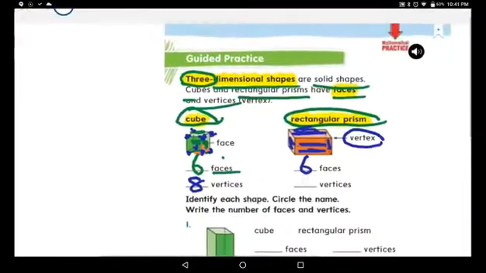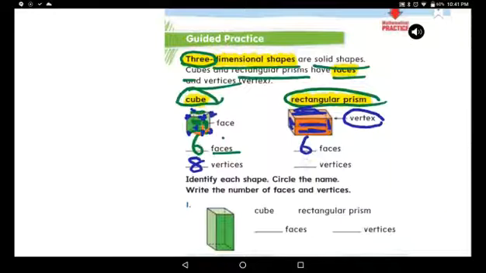Now let us count the vertices together. We said the vertex is the pointed part, where more than one edge meets, 2 or 3 or more edges.